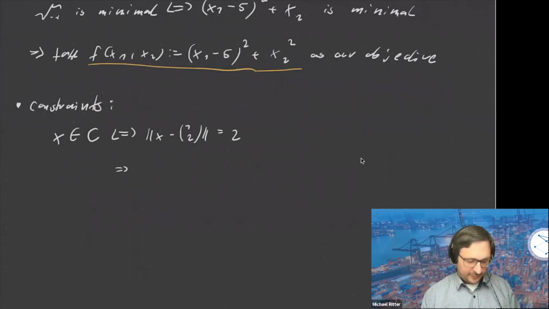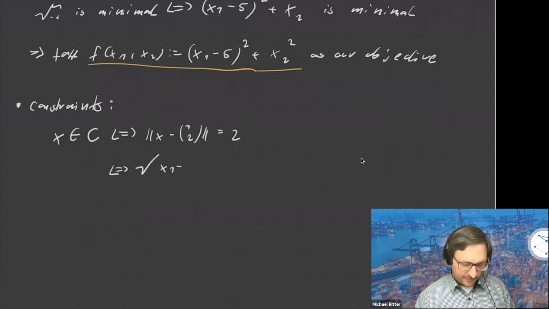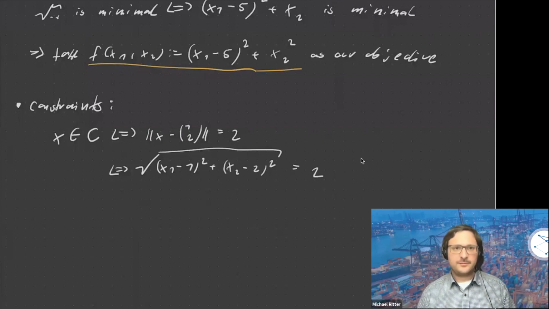And again, we'll apply the same trick here. That's the case if and only if the square root of (x1 minus 1) squared plus (x2 minus 2) squared is equal to 2, by the definition of the norm. And again, we can just square that whole thing.